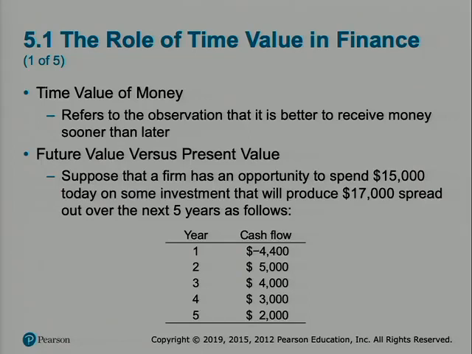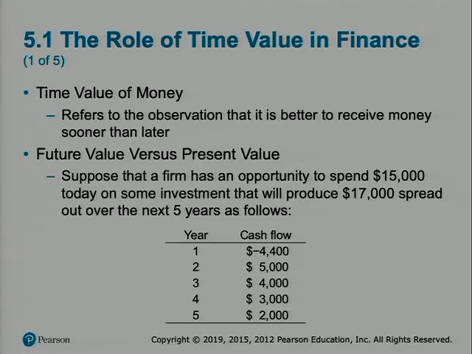So this first example, suppose you had an opportunity to spend $15,000 today on some investments that would produce $17,000 spread over the next 5 years. So this is 9, 5, 14.